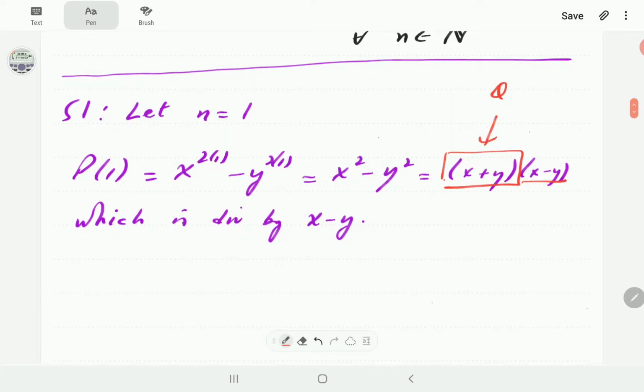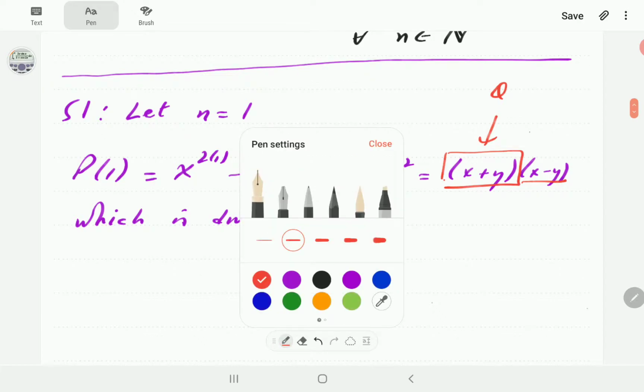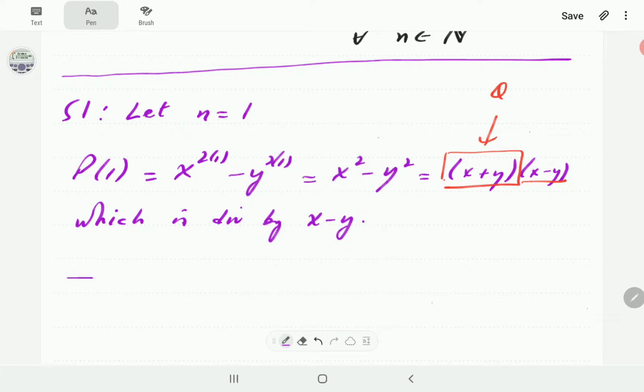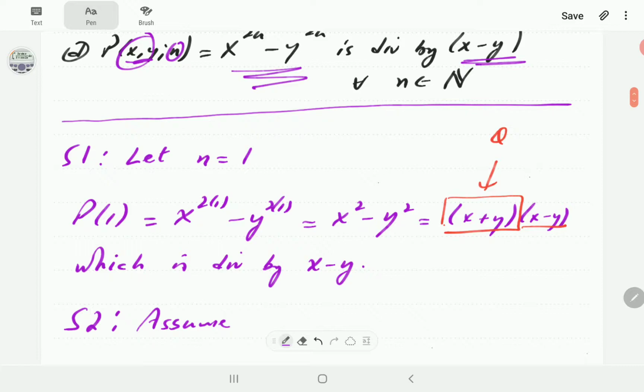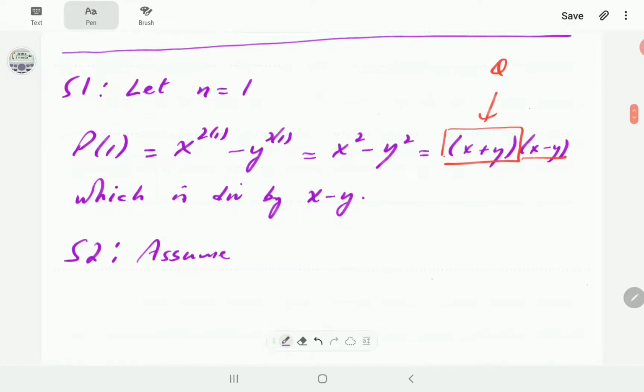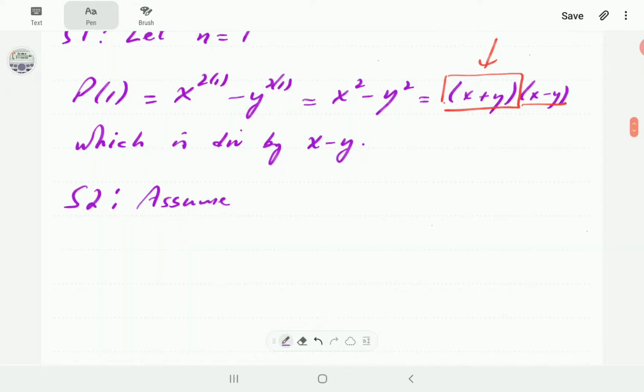Okay, so then in step number 2, we are going to assume that the polynomial, which is this one here, is divisible by x minus y when that n takes the value of k.